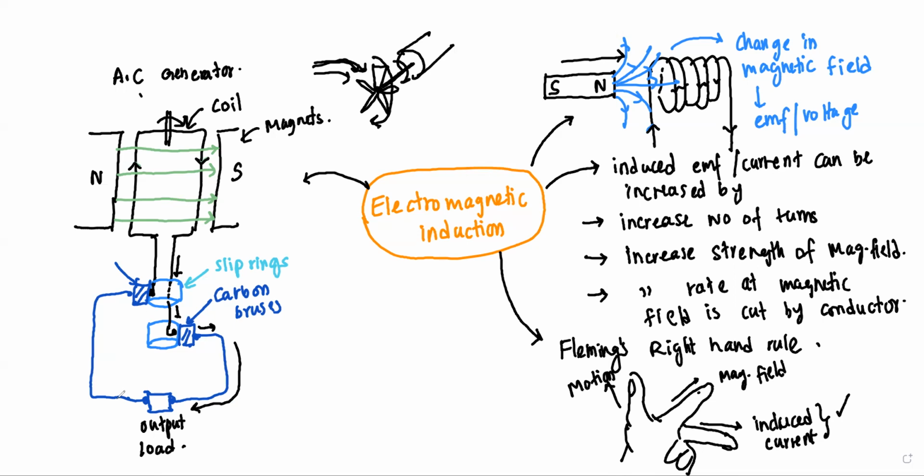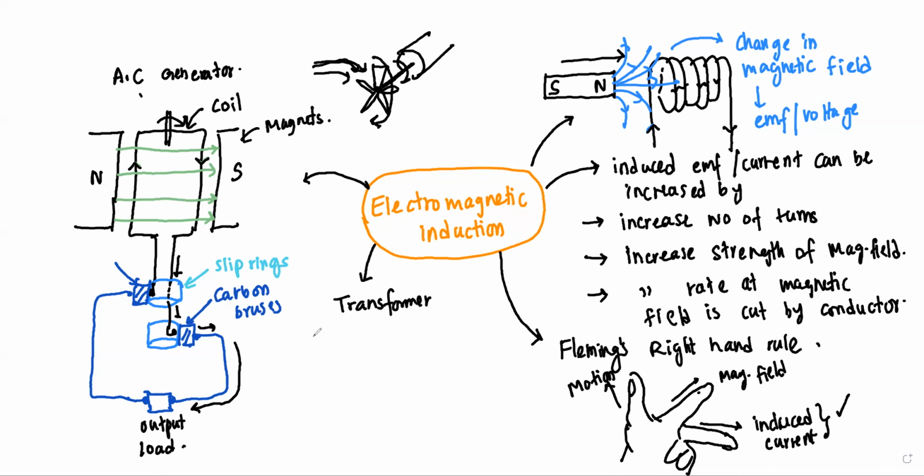There's another important thing we do with this. We actually use this in transformers. A transformer is a very useful device in the distribution of electricity. There are two types of transformers: step-up transformers and step-down transformers.